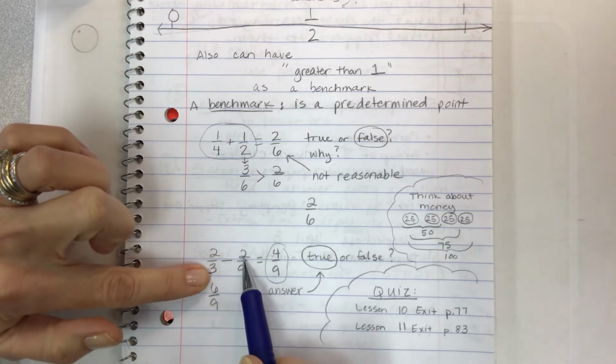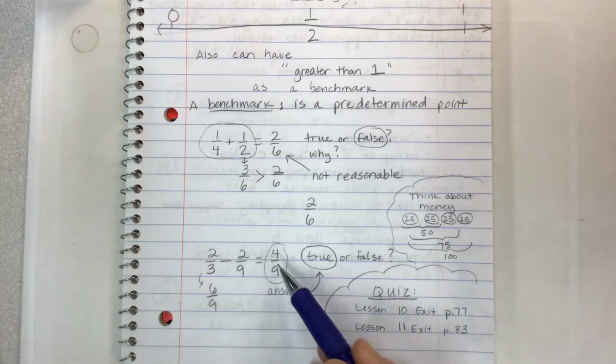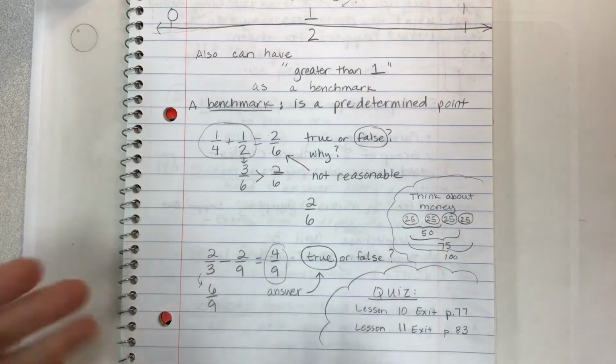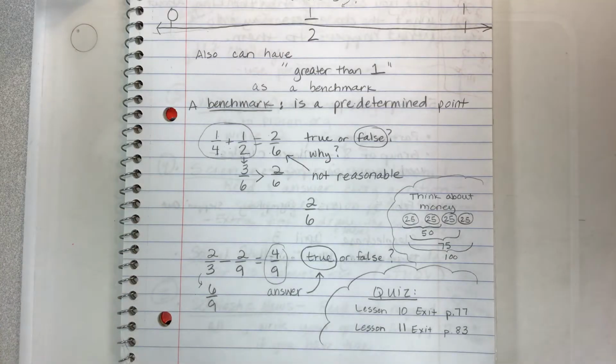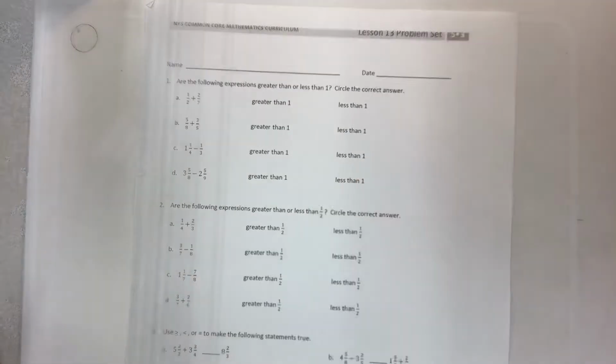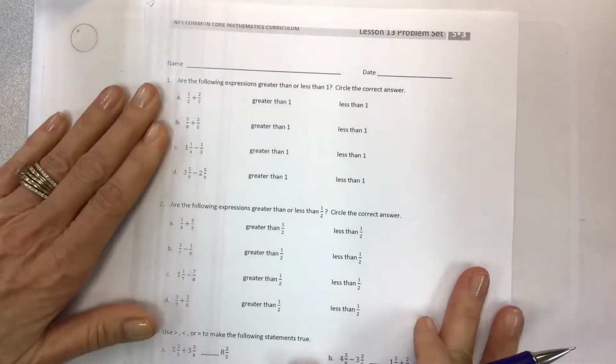Taking away 2 out of 9 parts, is this a reasonable answer? We'll be talking a little bit about common denominators, but not a whole lot. They're going to give you some pretty easy stuff in this lesson. Let's jump right in so we can start comparing.